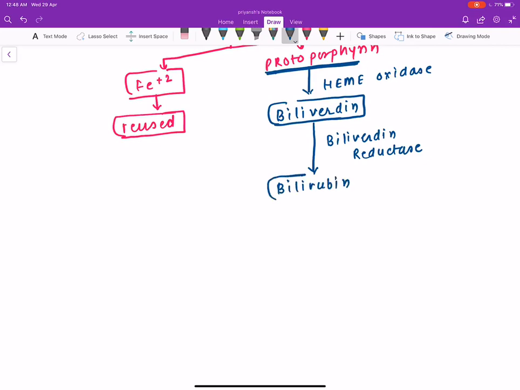This bilirubin is also referred to as unconjugated bilirubin. Unconjugated bilirubin is also called indirect bilirubin.